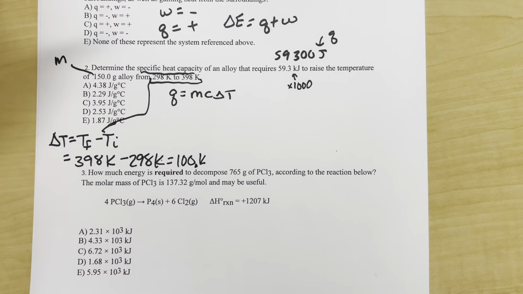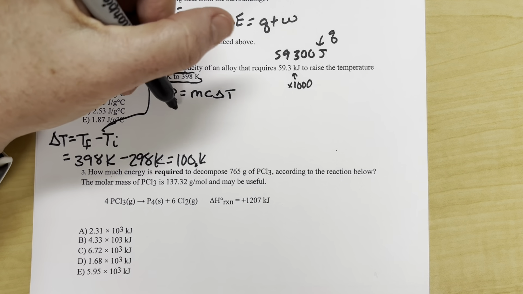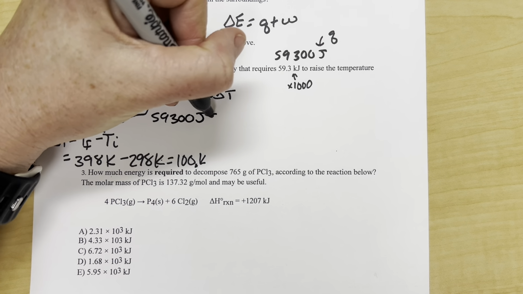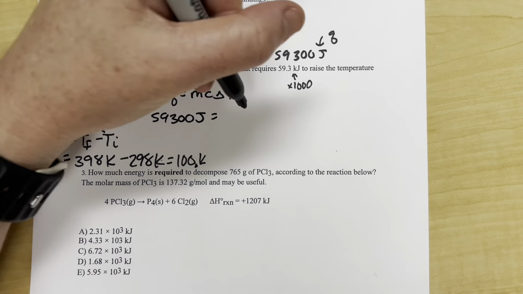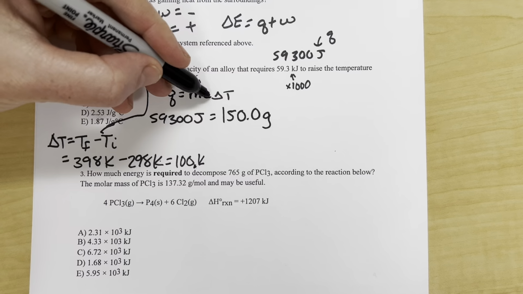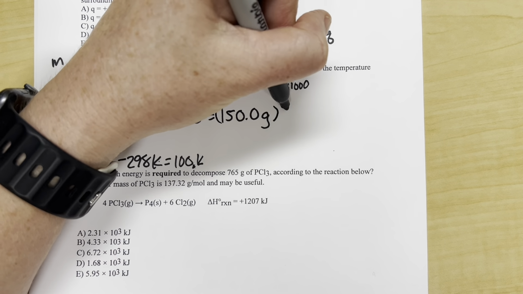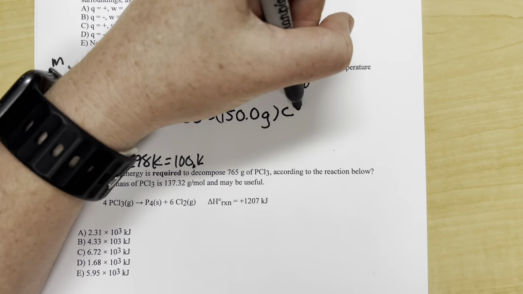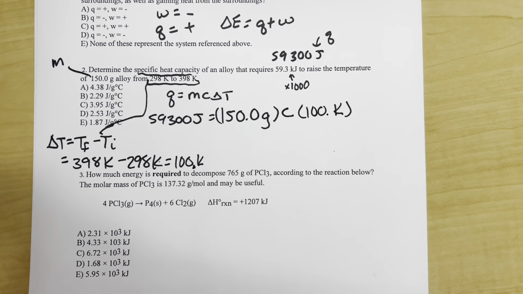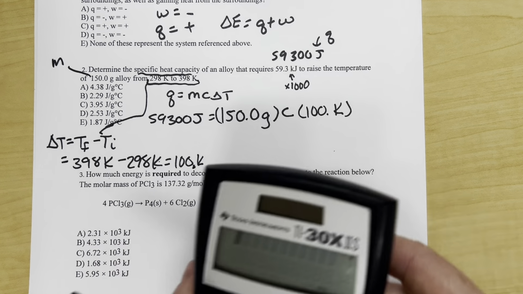Okay, so let's go ahead and throw this information in here. Our Q was 59,300 joules. We're setting that equal to our mass, which was 150.0 grams, times our C, which we are solving for, times our delta T, which was 100 Kelvin. All right, so let's solve for it.